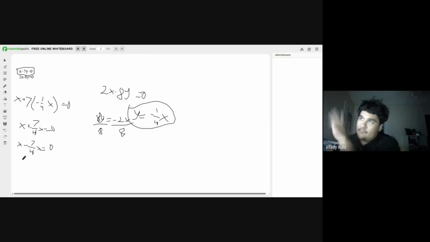Now, to make it more simple, I'm going to have the 16/4 x minus 7/4 x, because I don't want to pull out a calculator unless I have to. They both have a denominator of 4, so it'll be 16 minus 7.